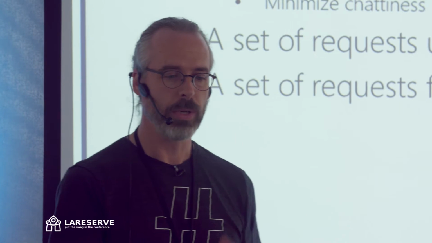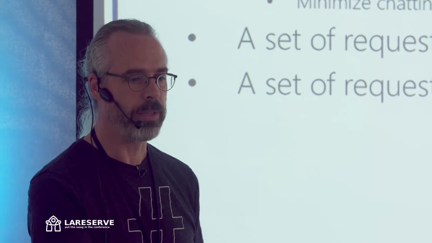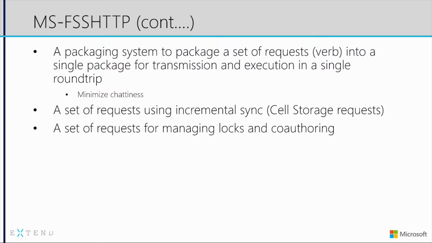Okay, so FSS HTTP is a SOAP-based packaging of binary data that updates little bits of the file at a time, not the whole file, only the things that have changed recently.